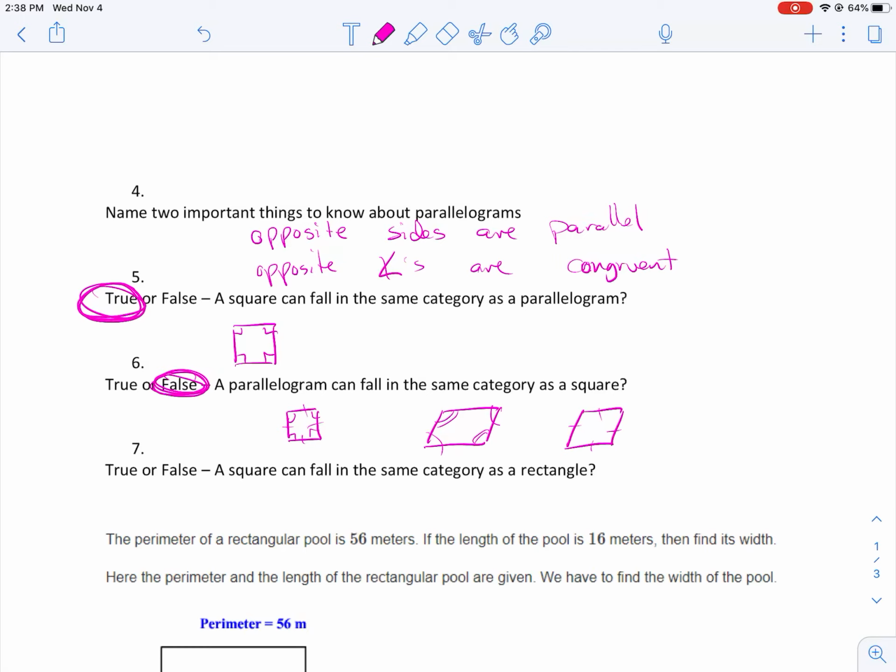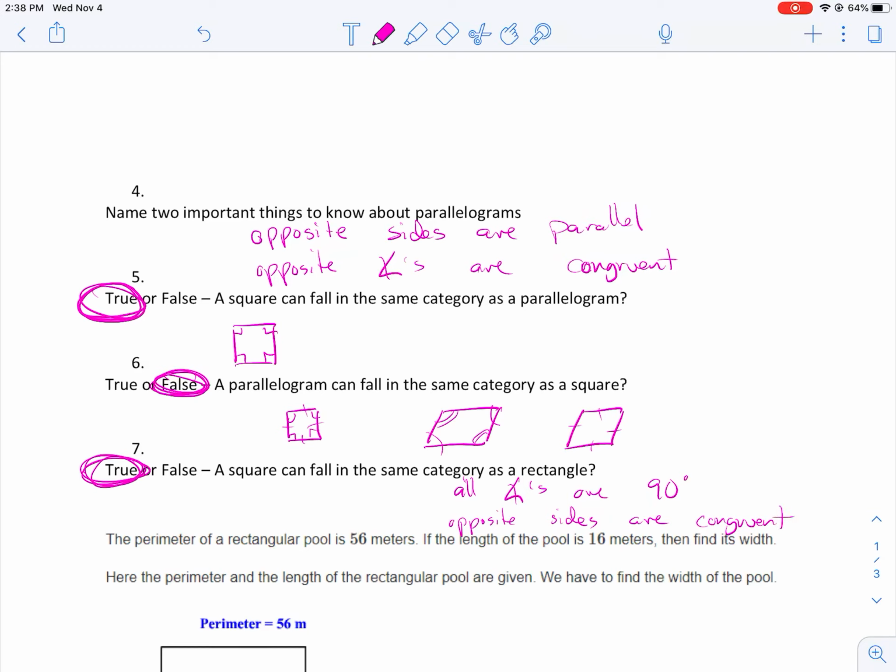A square can fall in the same category as a rectangle. True. What does it mean to be a square or rectangle? Well, all angles are 90 degrees. Opposite sides are congruent.